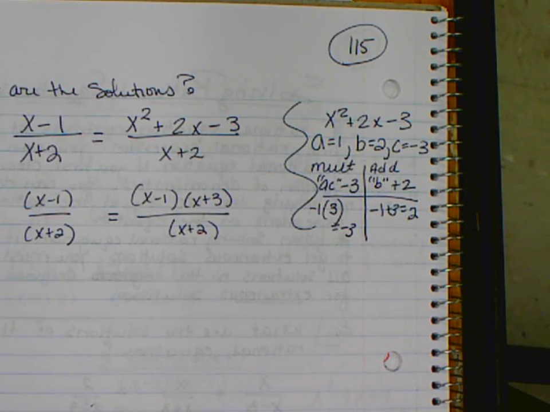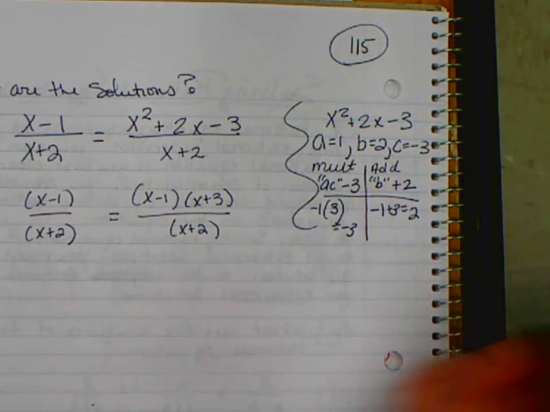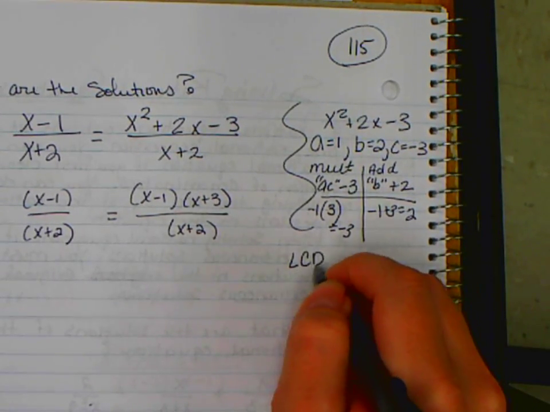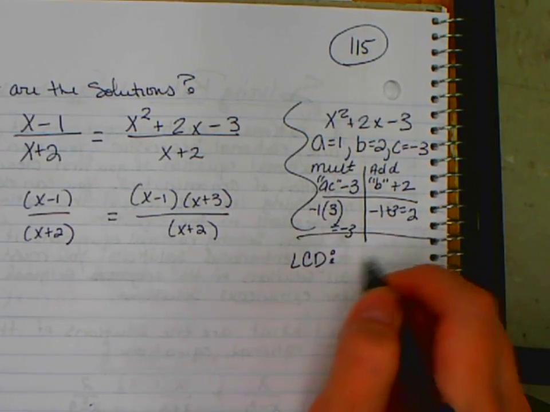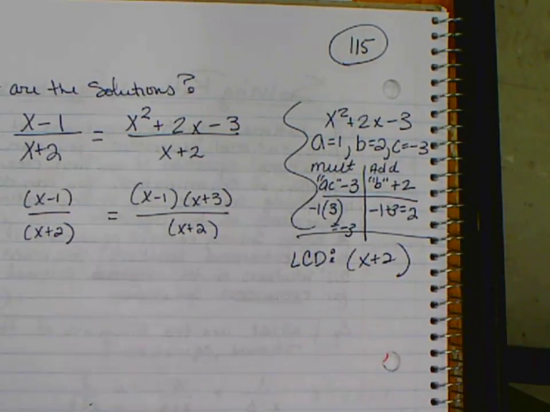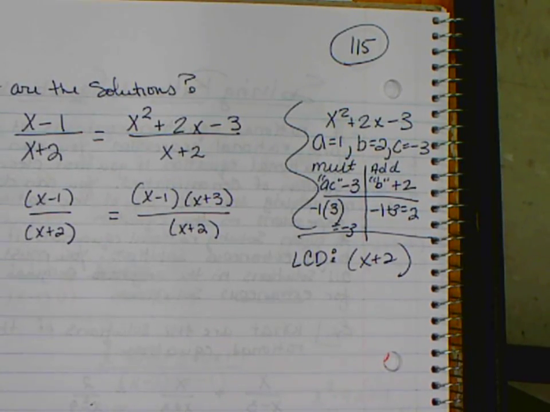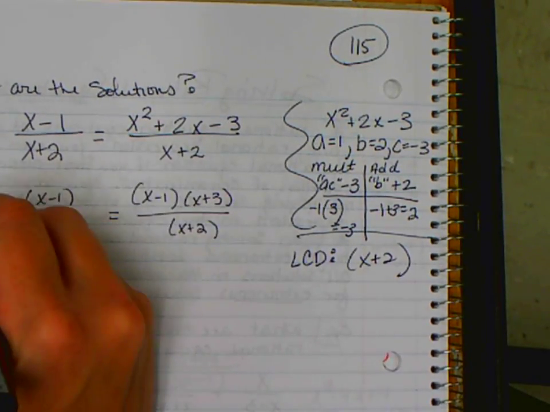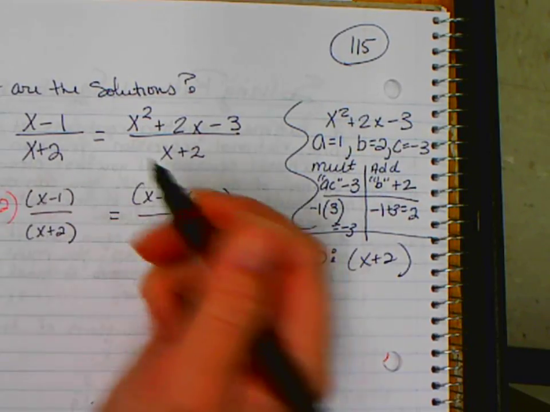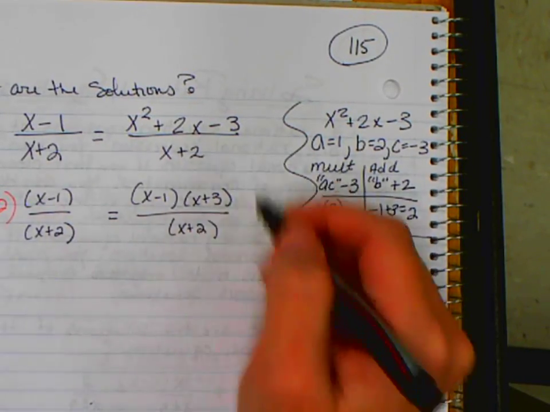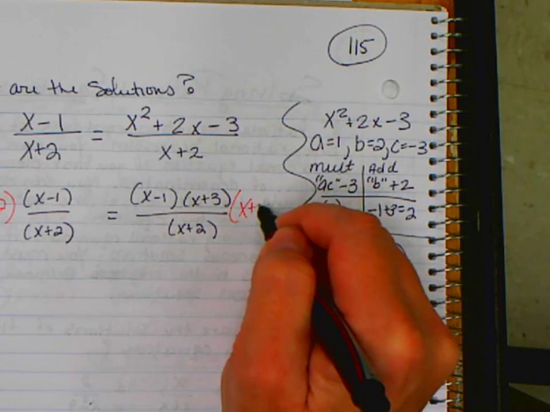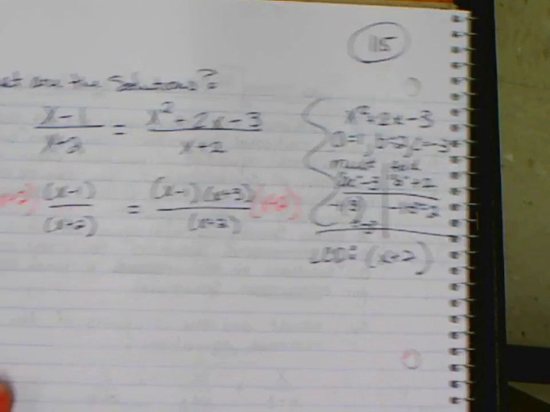Now, first I'm going to do it just by multiplying every fraction by the least common denominator, which my least common denominator is what? Just x plus 2. So I'll multiply this fraction by x plus 2, and I'll multiply this fraction by x plus 2.